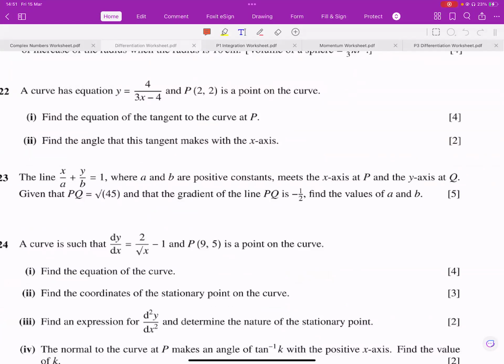We have the origin, 0, 0, and A, that's 1 and 2. What's the gradient going to be? Let me write that point here. So we have that in front, 1 and 2. That's the point A. So it's going to be 2 minus 0 over 1 minus 0. That gives you 2.